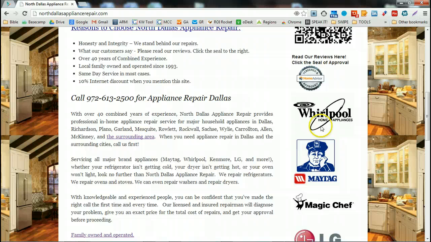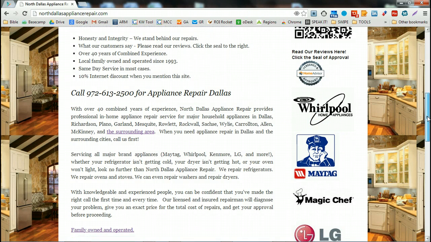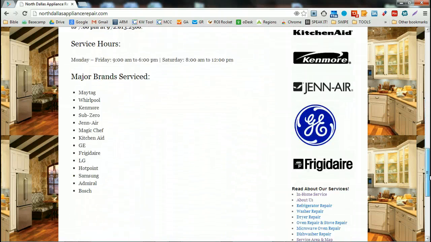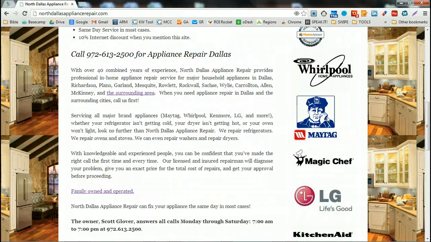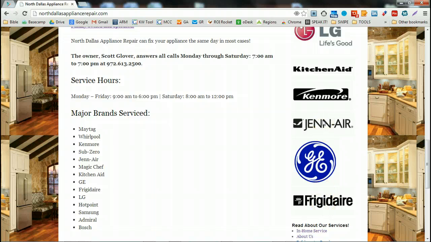Then the other thing is that you've got all of these appliance logos. The great thing about these appliance logos is that it adds credibility to your business. Your customer is going to associate this brand and the brand's reputation with your company. So again, I would pull all of these logos and definitely make them smaller.